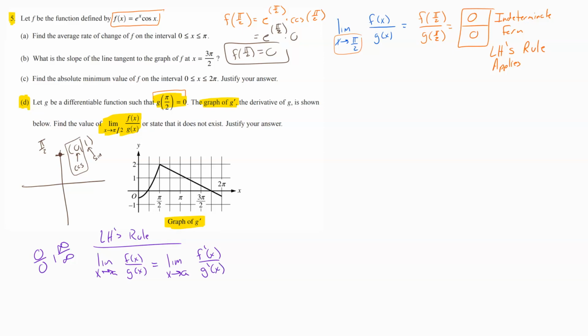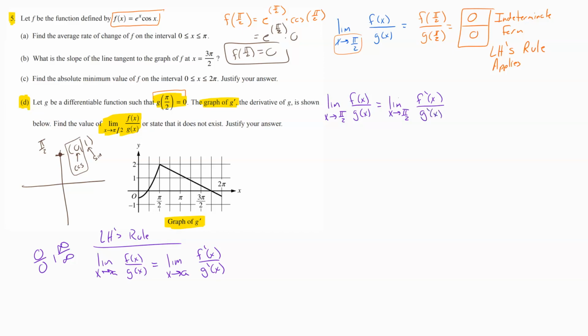So on the next line, this original limit I started with is going to be equal to the limit as x approaches pi over 2 of f prime of x over g prime of x.